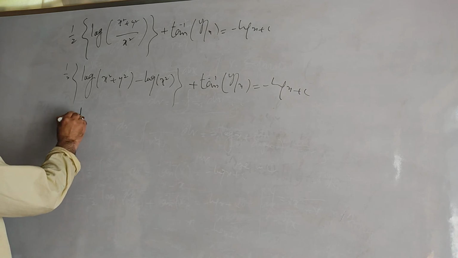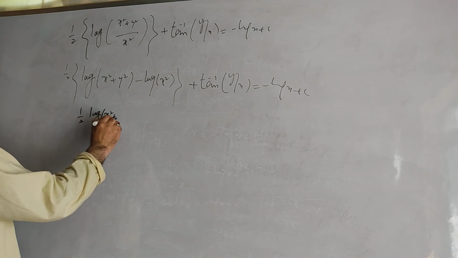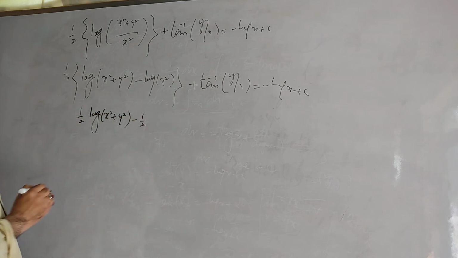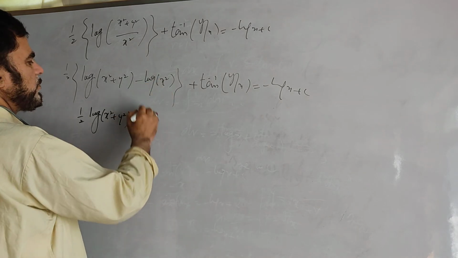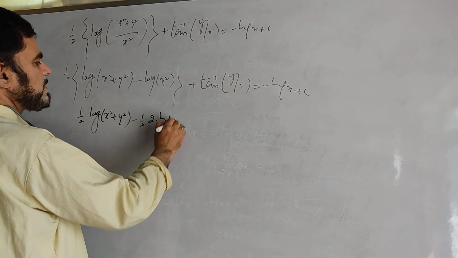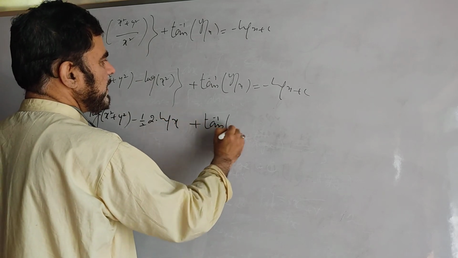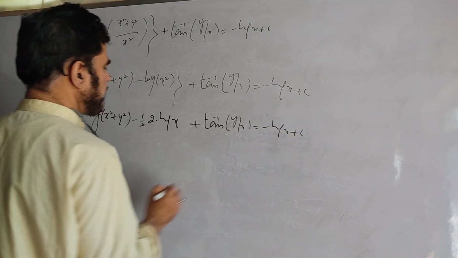Well, this is 1 by 2 log of x square plus y square. This is minus 1 by 2 of log x square. You can take 2 down. It is 2 into log of x, using log of m raised to power n, plus tan inverse y by x is minus log x plus c.